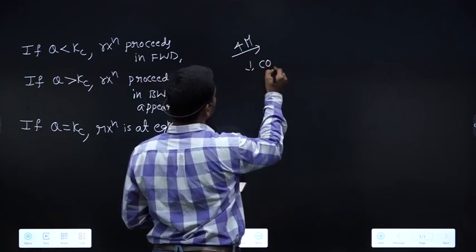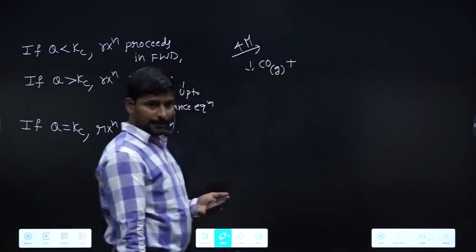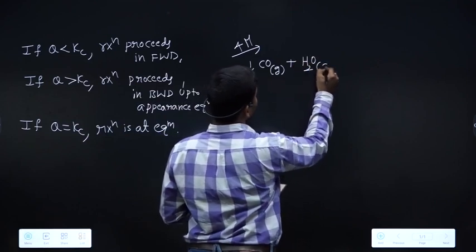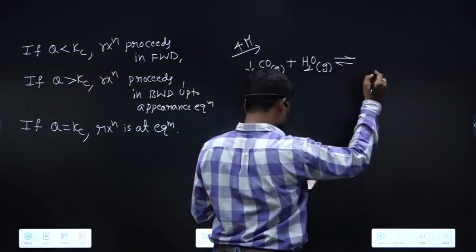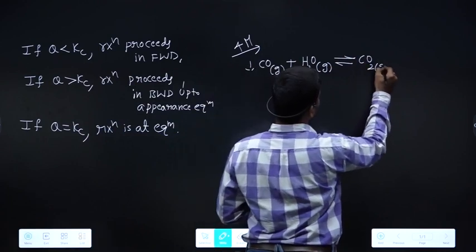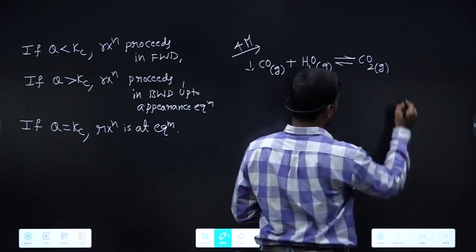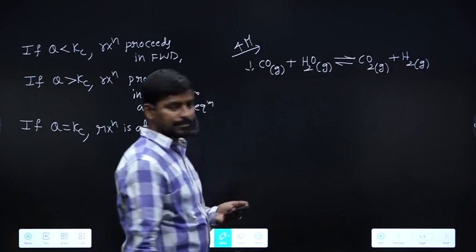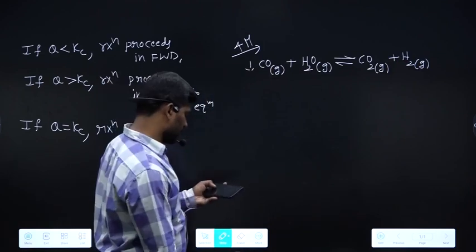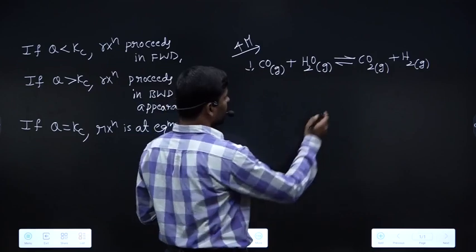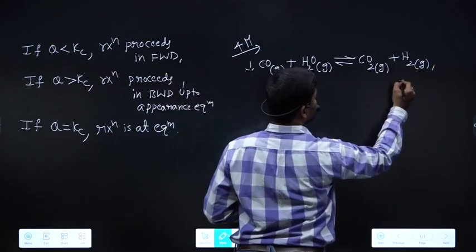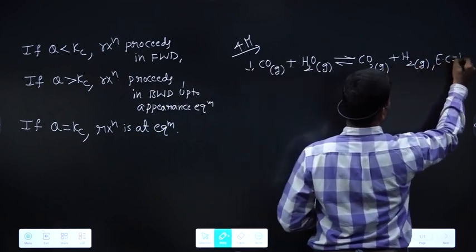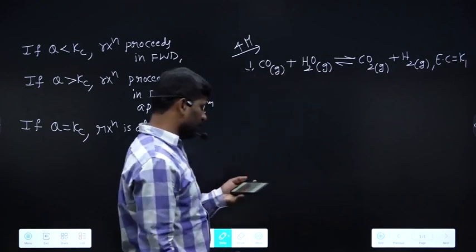First reaction: CO gas plus H2O gas gives CO2 gas plus H2 gas, equilibrium constant is K1.